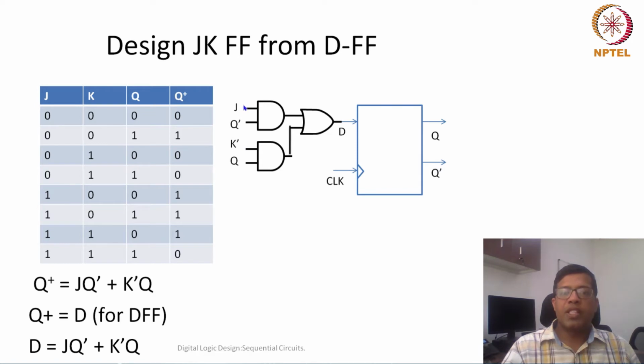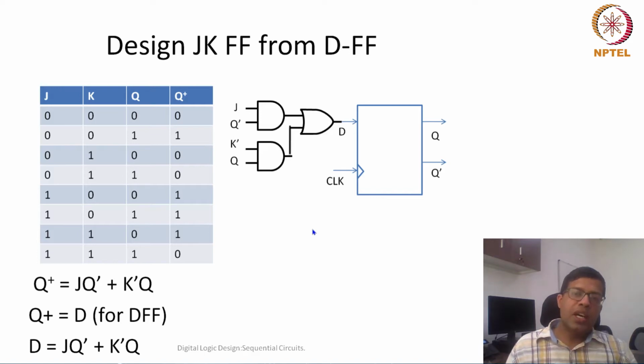So if I take J and K as input and provide J and K dash as input to these NAND gates, and Q and Q dash are connected from the output of my D flip-flop, then this whole system represents a JK flip-flop.